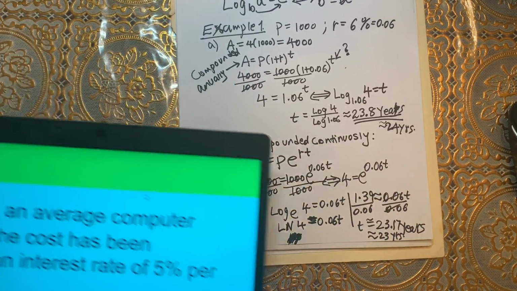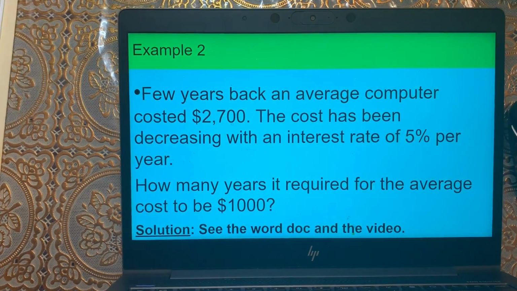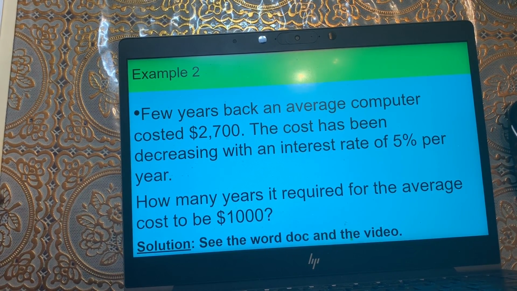Few years back, an average computer cost $2,700. The cost has been decreasing at a rate of 5% per year. How many years are required for the average cost to be 1,000? Say, in how many years did the cost decrease from 2,700 on average to 1,000?